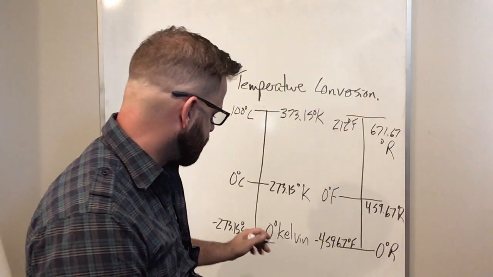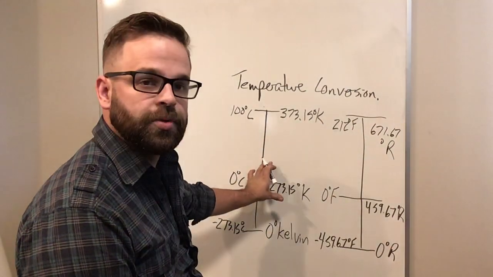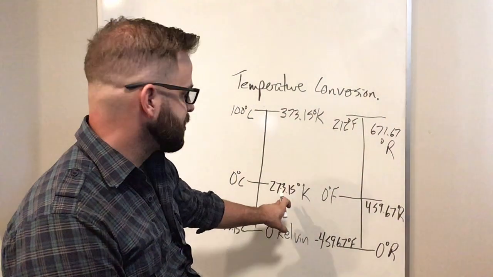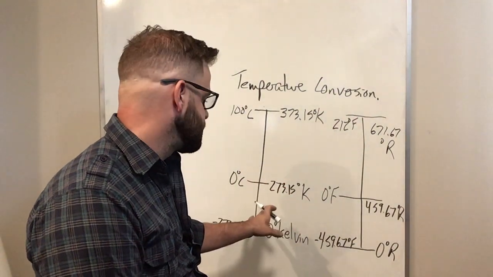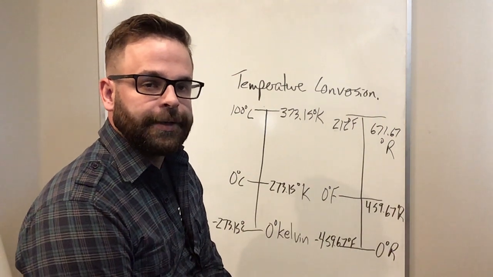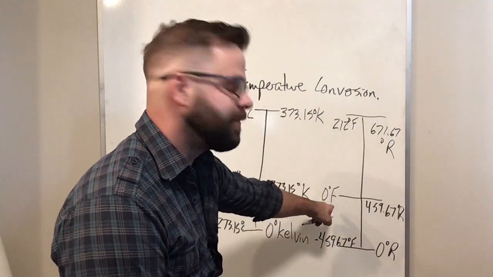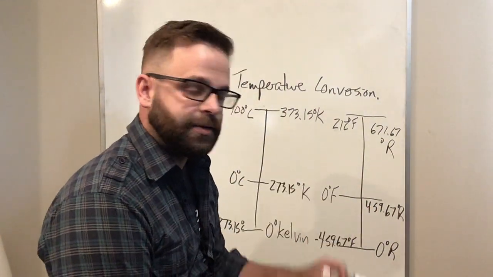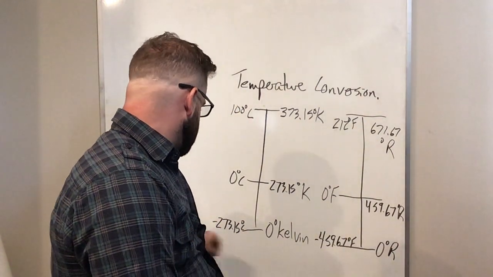So those are values to know. So know that 0 degrees Celsius is the same as 273.15 degrees Kelvin, and that would be the difference. If I have a value in degrees Celsius, I would add 273.15 to it to get a value in Kelvin. And if I have a value in Fahrenheit, I would add 459.67 to that value to get a value in Rankine. All right.